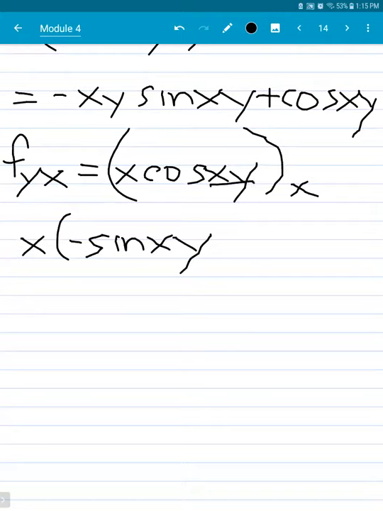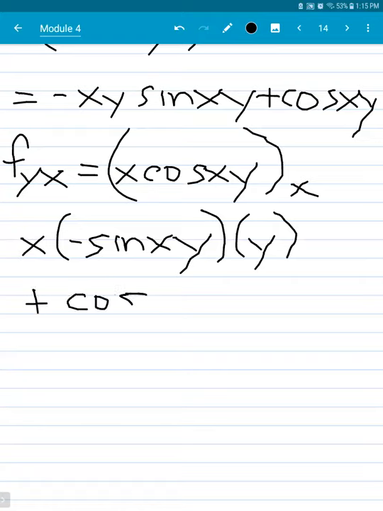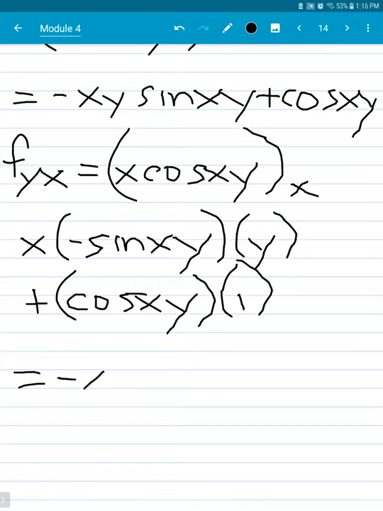Then x with respect to x. Y. Plus times 1, derivative of the first with respect to x. And you get it.